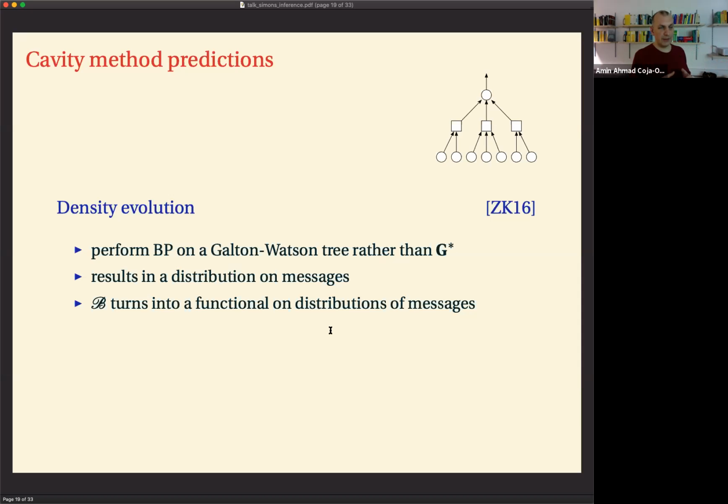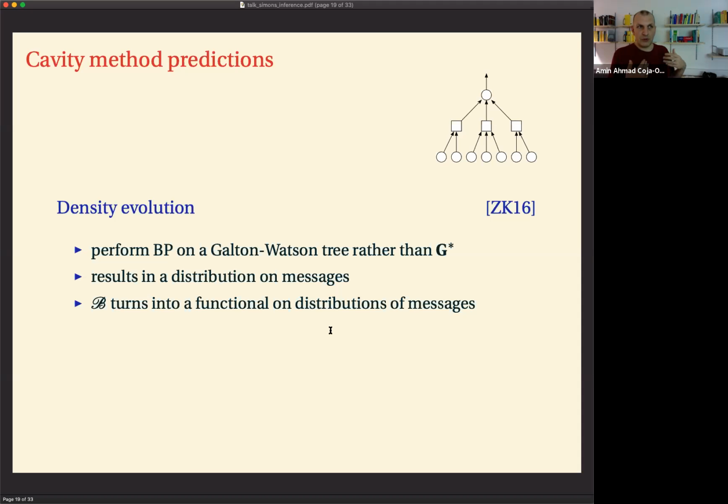So you could, instead of running belief propagation on the actual factor graph, you might as well replace the factor graph by the Galton-Watson tree that mimics the local structure of your graph, and then work in terms of not the messages themselves, but in terms of the distributional messages that you would obtain on this Galton-Watson tree if you were to kind of unravel this Galton-Watson tree layer after layer.